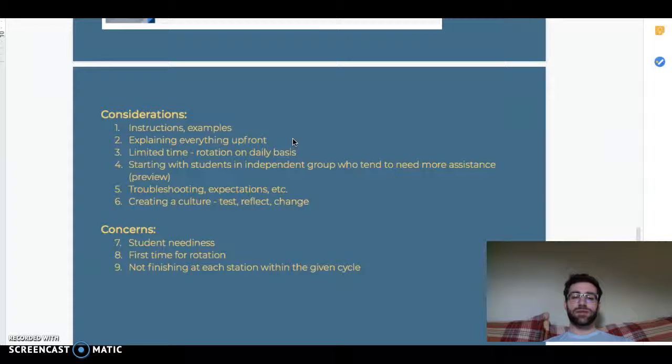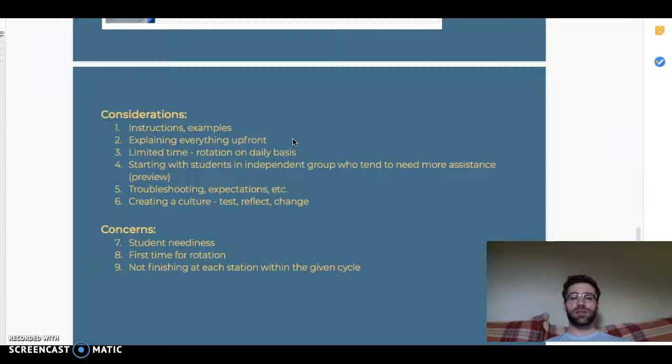And because we have limited time in my class, only about 40 minutes or so, especially after taking attendance, I decided that I'm going to rotate on a daily basis. So group 1 will be on one day, and then the next day group 2, etc. And then I also, based on some conversation from one of the blog posts, I decided to start with students in the independent group, the students who need more assistance typically, so they can kind of preview the information.